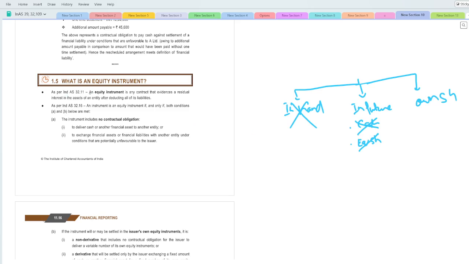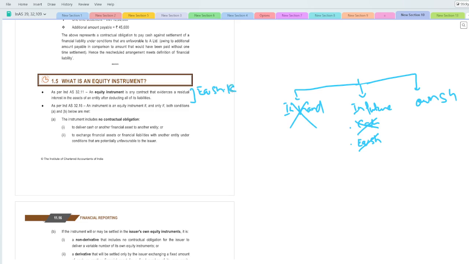As per Ind AS 32, paragraph 11, an equity instrument is any contract that evidences a residual interest in the assets of an entity after deducting all of its liabilities. This is talking about the residual interest, like your equity shares. If company A Limited has issued equity shares, it will come under equity share capital.